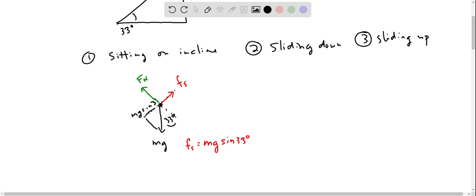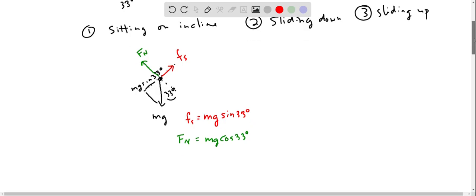Using some trig. The normal component, the Fn, is actually canceling the component of weight into the incline. So that is mg cosine of 33 degrees. And we usually have a condition on static friction that's a little bit awkward.